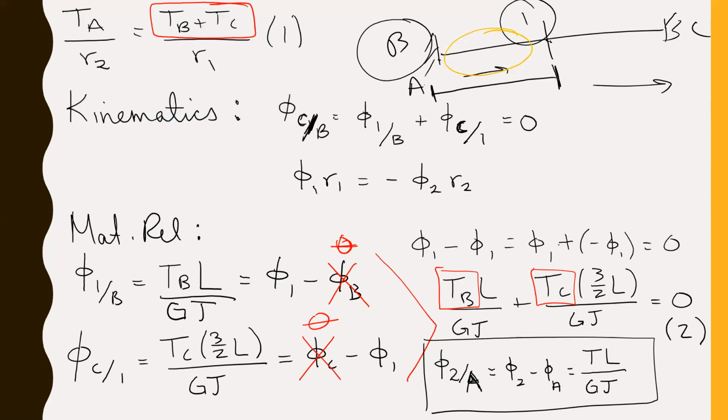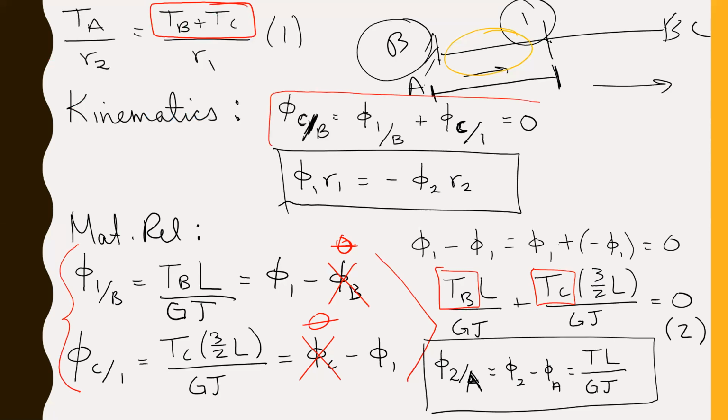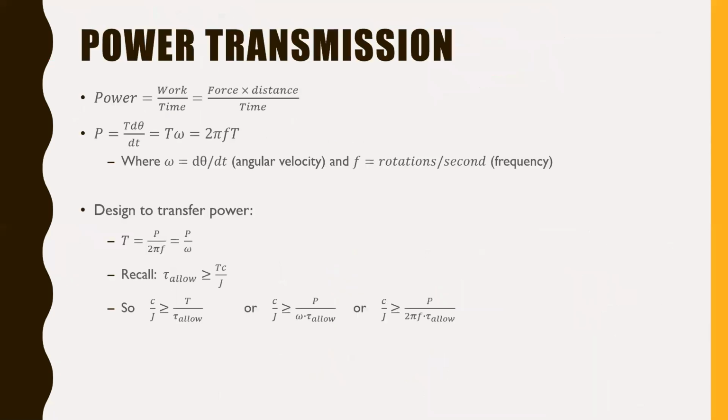We're going to combine that with this. So these first two, each of the rods has a material relations equation. These first two were useful because we could plug them into this kinematics equation. This third one is useful because we can plug it into this kinematics equation. So let's do that on the next slide.